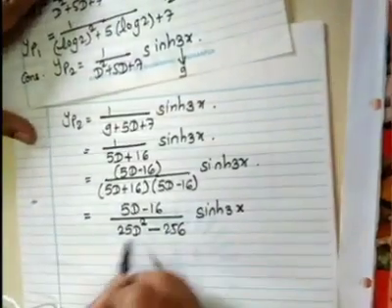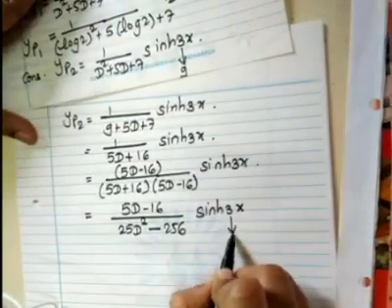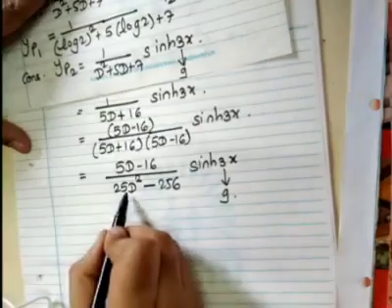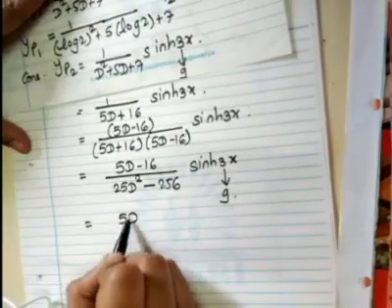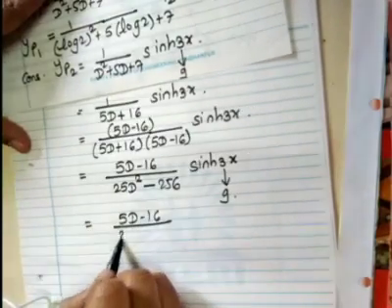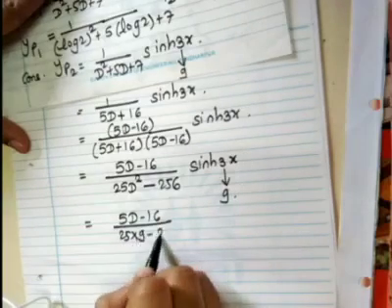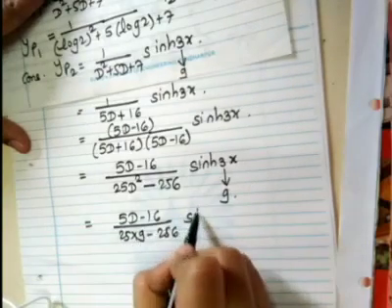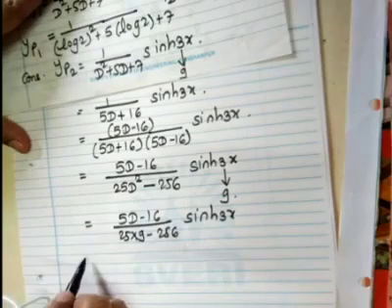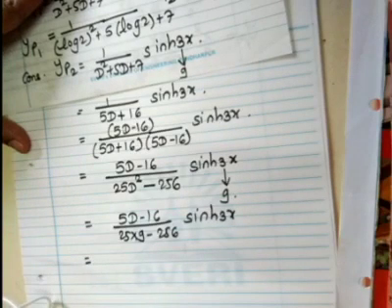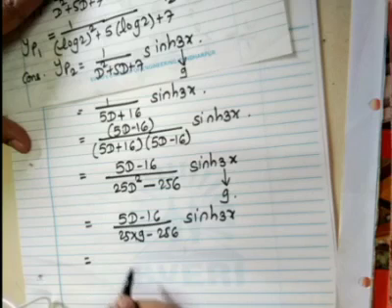Now again there is d square, and we will square it. No negative sign, substitute here. So we get 5d minus 16 upon 25 into 9 minus 256 into sine hyperbolic 3x. So what is this term? 25 into 9, 225 minus 256, minus 31.